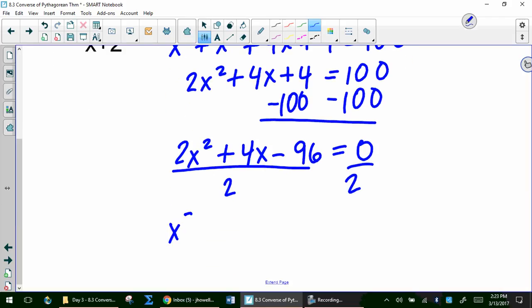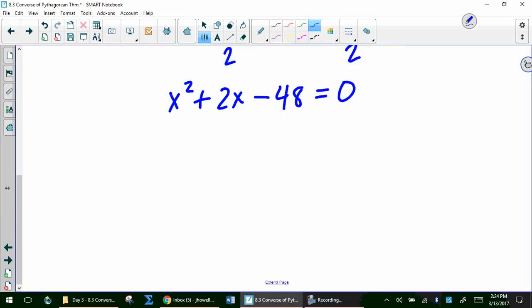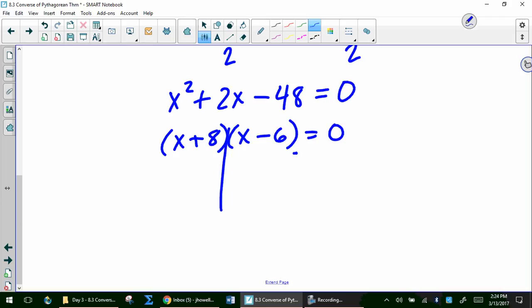And so we can say x squared plus 2x minus 48 equals 0. Okay. And now we can say, all right, what are factors of 48 that add up to 2? So we have x plus 8, x minus 6 equals 0. And now we're using our zero product property to solve.